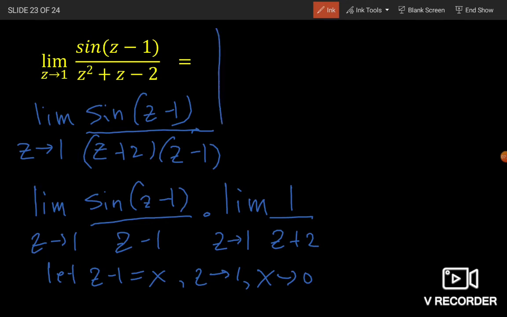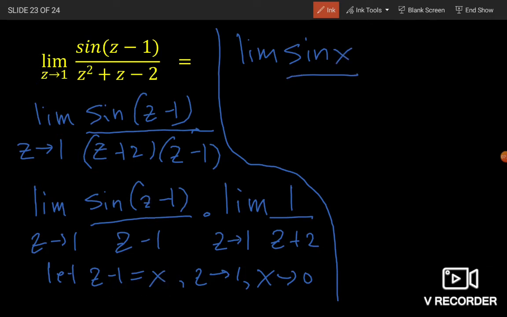So now we can rewrite our expression as the limit of sine of z minus 1, which is now equal to x, so sine x, all over z minus 1, again equal to x. As z approaches 1, x approaches 0.